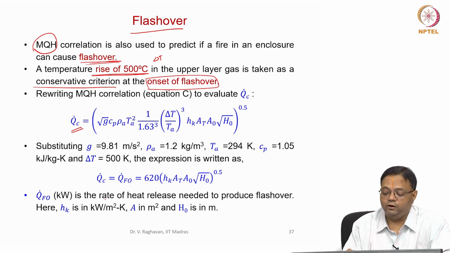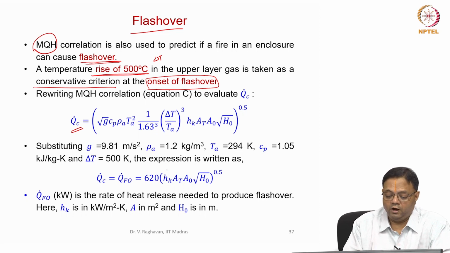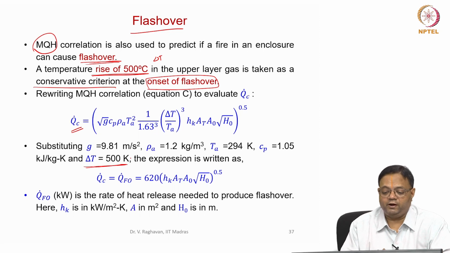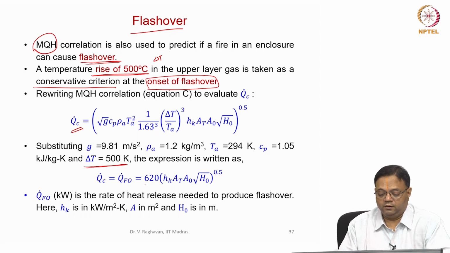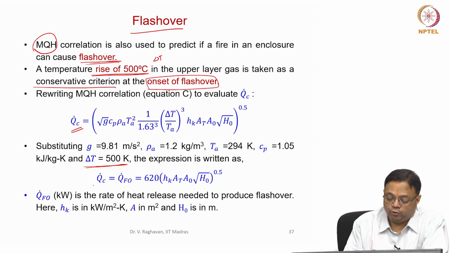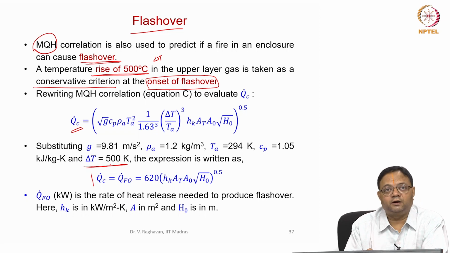Now substitute the values of known parameters. Obviously G, rho, A, TA, Cp, etc. are known, and delta T also I have taken as 500 Kelvin. Correct. Now I will get Q dot C, because delta T of 500 degrees will cause flashover.